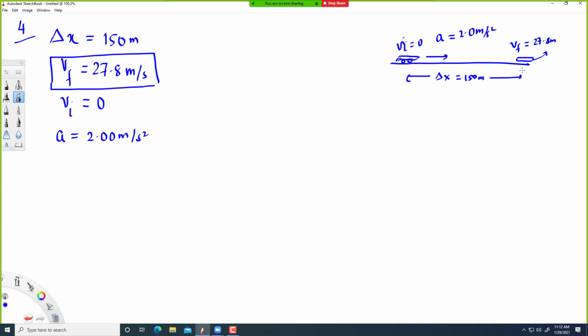And just before the takeoff, will it reach the speed of 27.8 or not? That's the question. So we have these three quantities, and then we'll be finding VF, and we'll compare that VF with this VF.